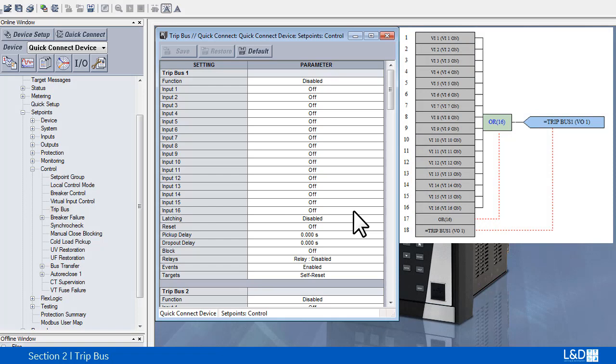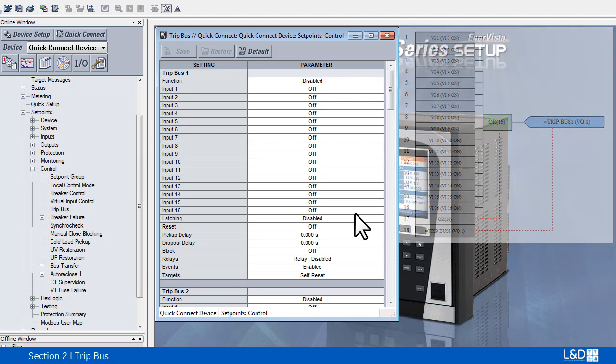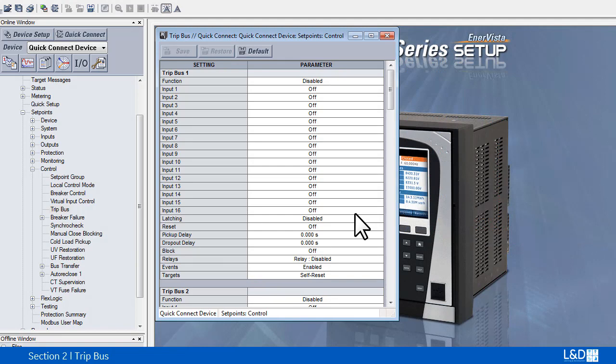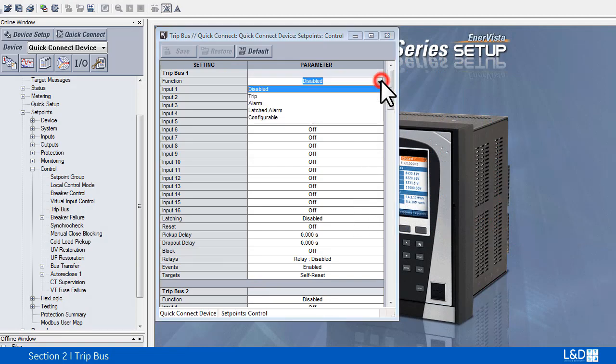In the next modules, we'll talk about the maximum flex logic lines, which is 1024 lines in 8-series software. It is important to save space when writing complex logics. Each bus can be assigned for either trip, alarm, latch alarm, or configurable.